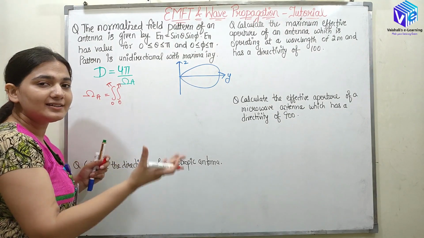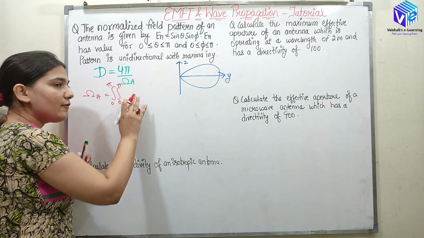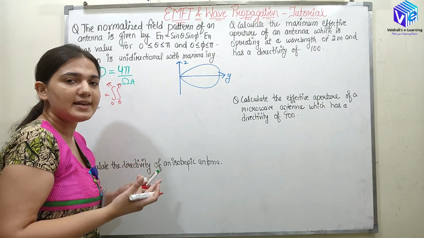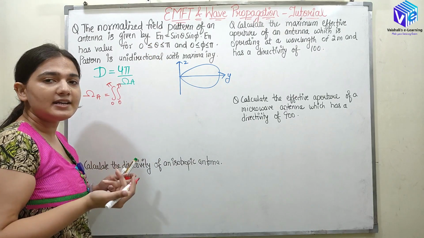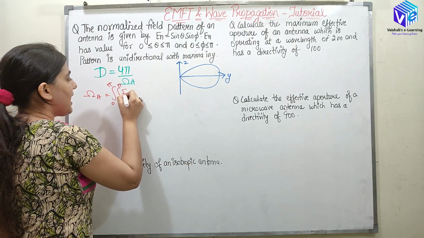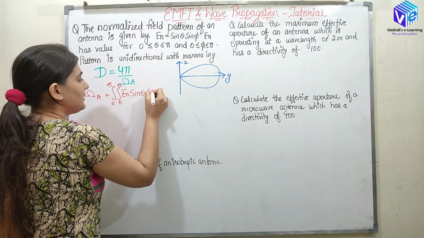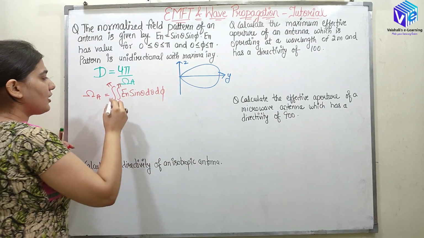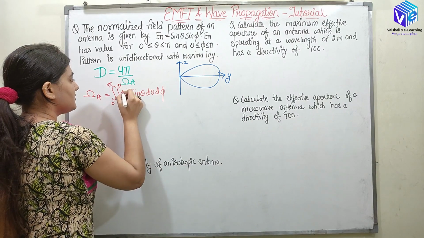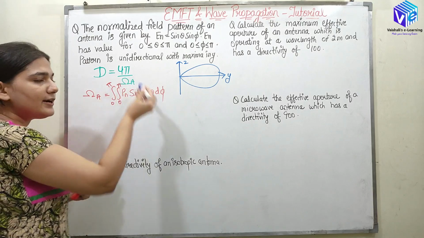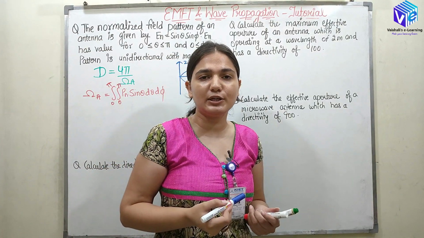So always use the spherical coordinate system with objects having spherical symmetry, like here the radiation pattern. So here we'll have Pn, the power, multiplied with sine theta d theta d phi. We already used this formula in the previous video as well.